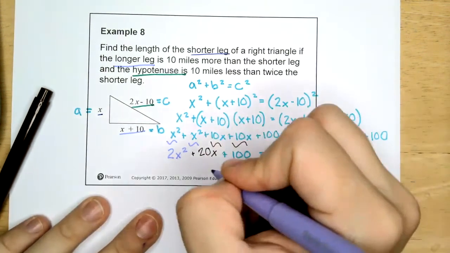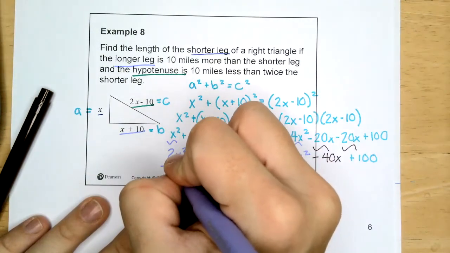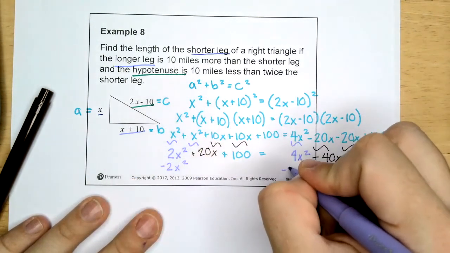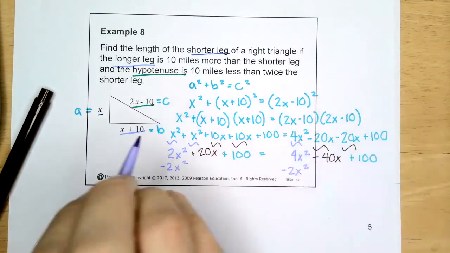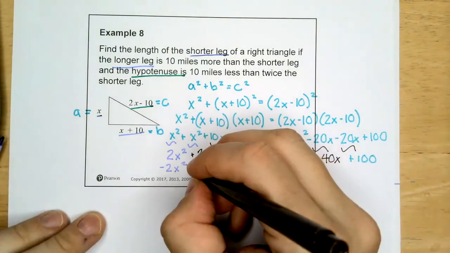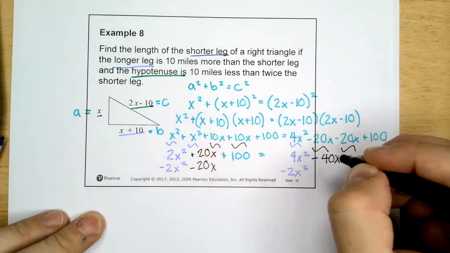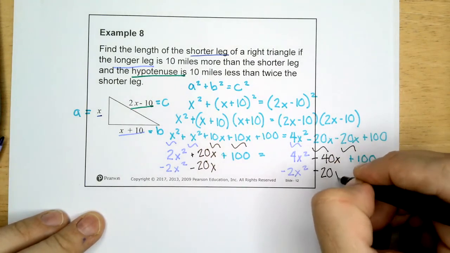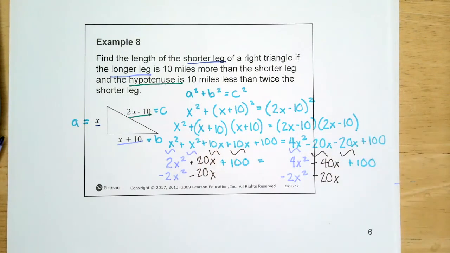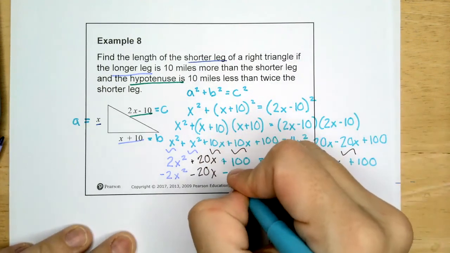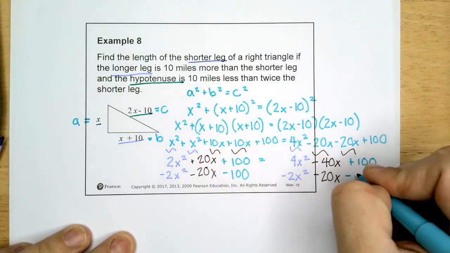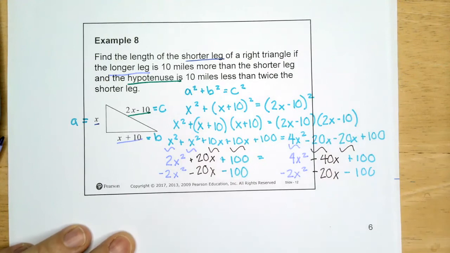So I'm going to subtract the 2x squared. I'm going to subtract the 20x. And I'm even going to subtract the 100 so that I just have a 0 over here.